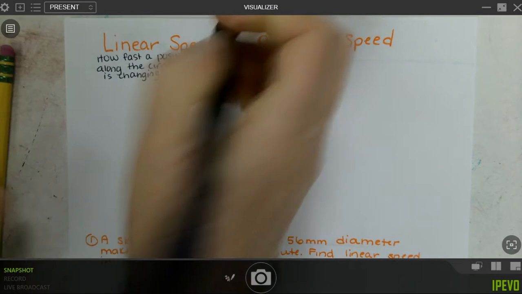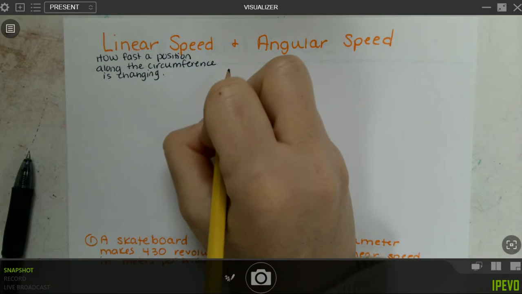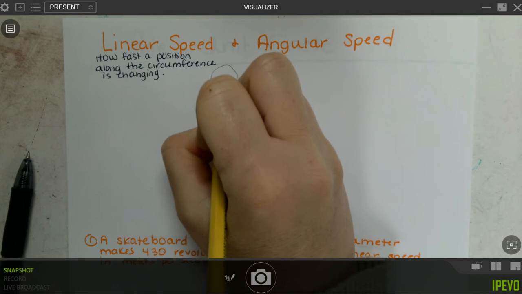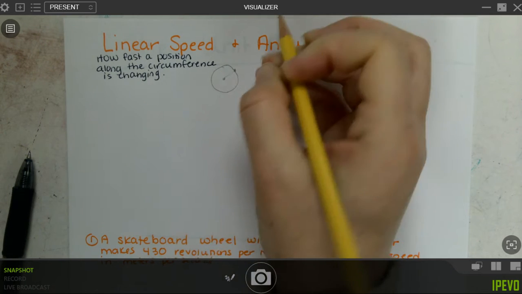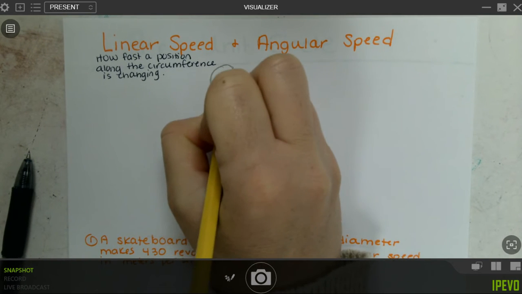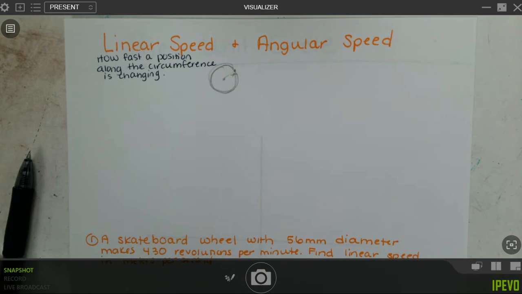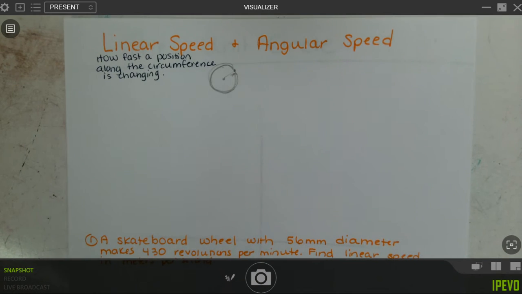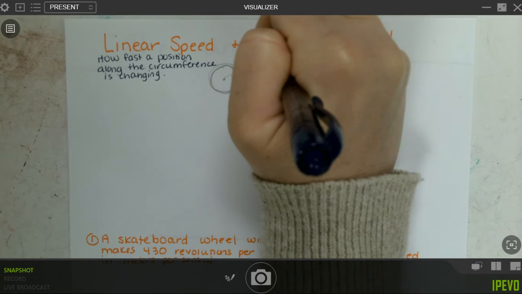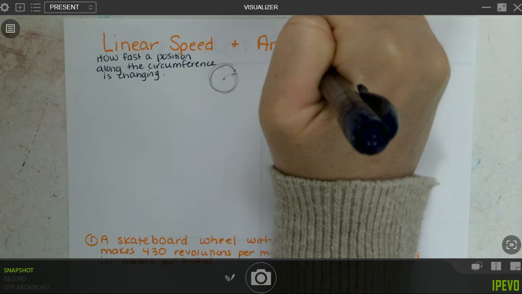So, if you picture a circle, you're looking at this point and how fast it's going around and around and around. Just that point is what you're watching. That's linear speed. Angular speed is how fast the central angle is changing.